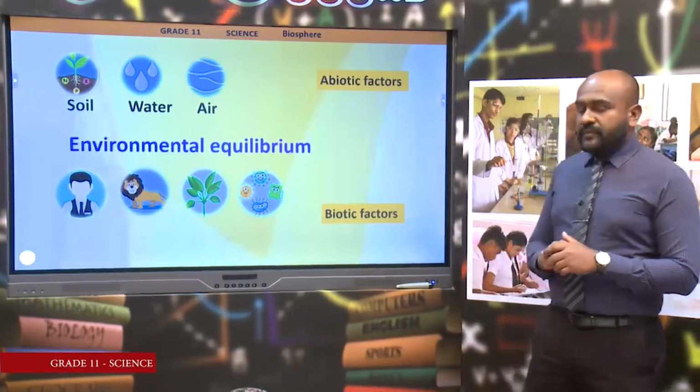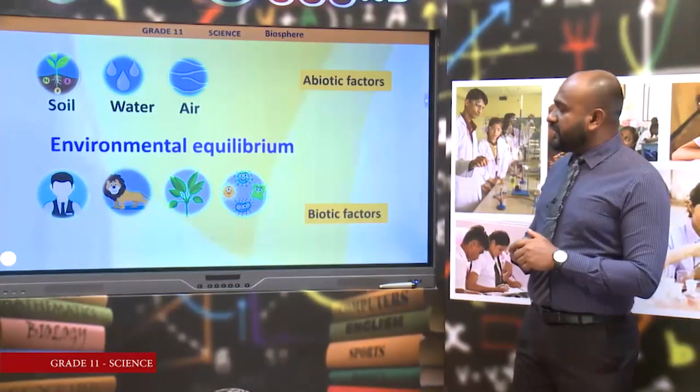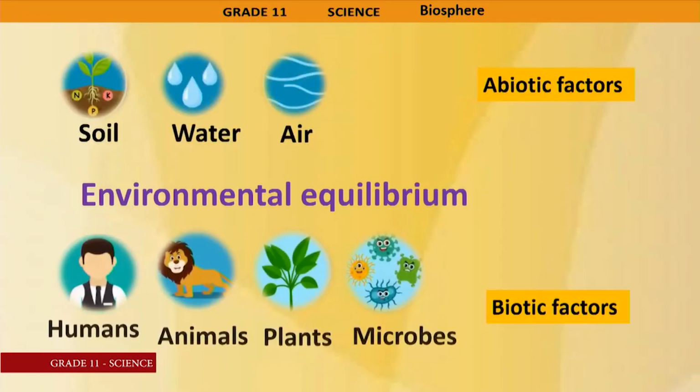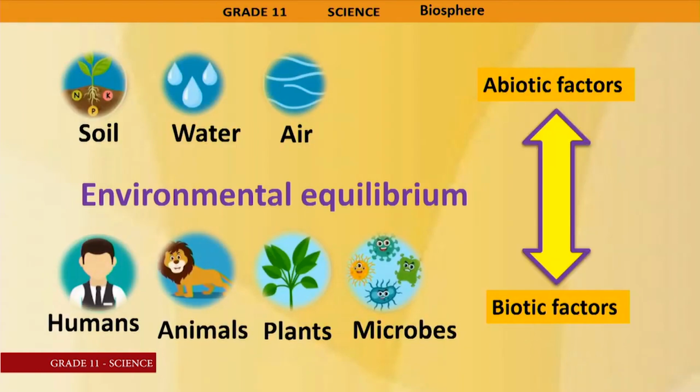Yeah. Now, you can see environmental equilibrium. To maintain the balance of the environment, there should be continuous interactions between biotic and abiotic factors. Okay. So, you can see how environmental equilibrium is maintained, that is as a result of interactions between biotic and abiotic factors.